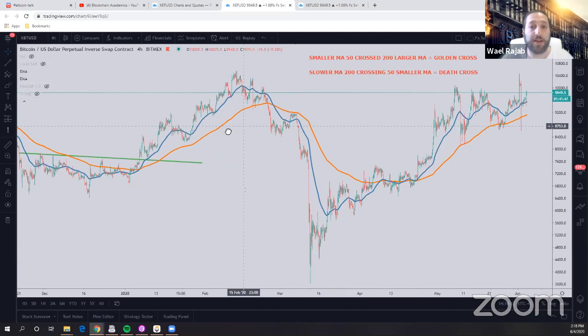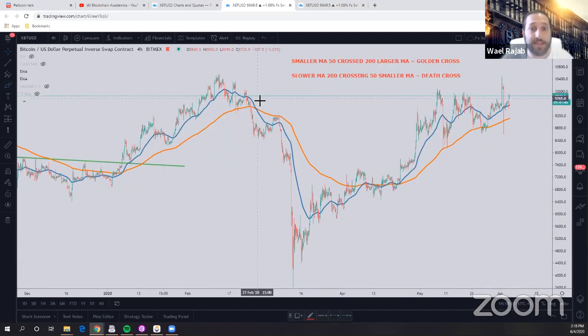It changed out. So I want you to note that this now crossed over. This may be a bit far extended from the moving averages to enter. It's 8,400 and this is 9,400. So you may not want to enter that. What did I say? We're going to now take positions on the touch of the 200 moving average, would have been here.